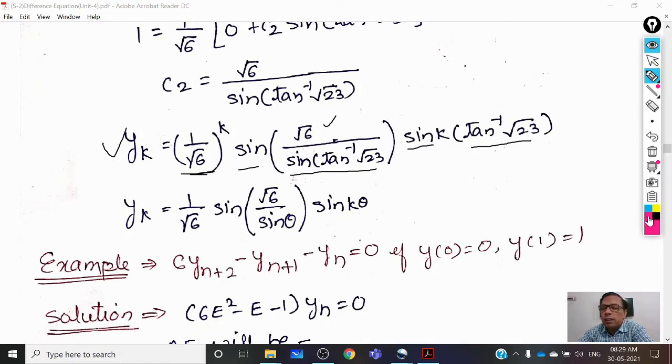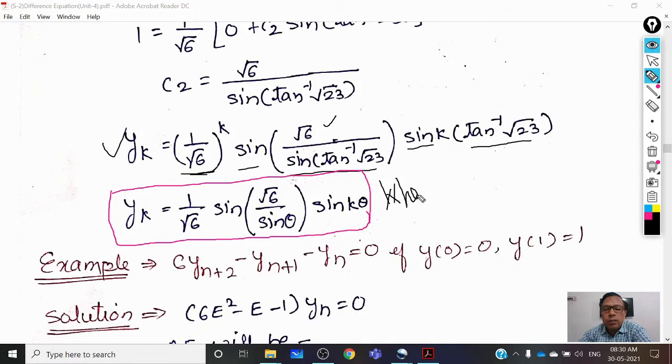And this equation can be written in the short form as y_k equal to 1 upon under root 6 into sin of under root 6 upon sin theta into sin k theta, where theta equal to tan inverse of under root 23.